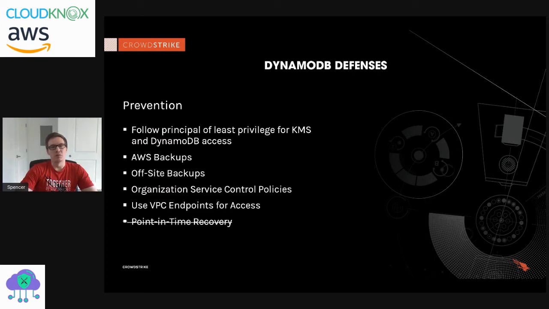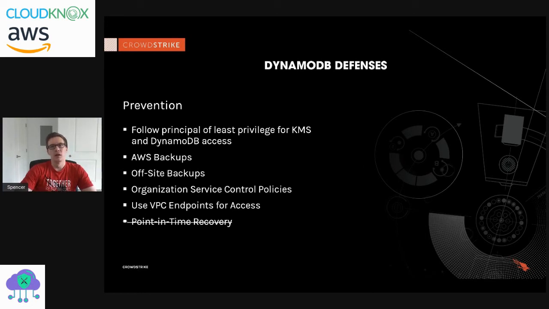Point-in-time recovery. This is one I did have on here as a prevention, but as I did further testing, I found out it didn't actually work. So point-in-time recovery keeps snapshots over time in your database, and essentially it allows you to go back to a specific time in the past.